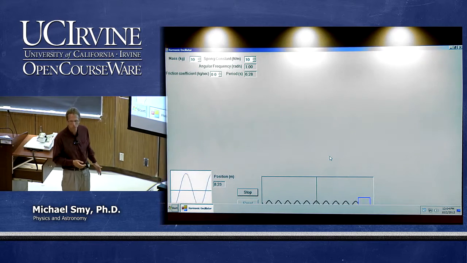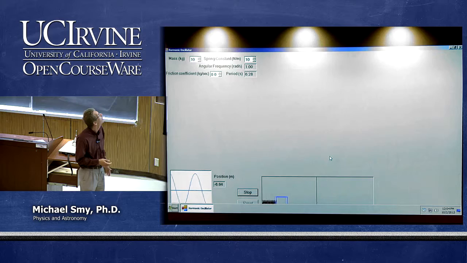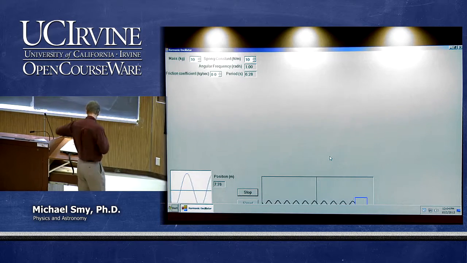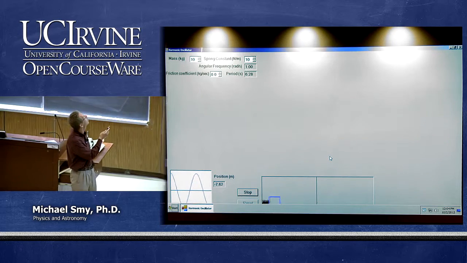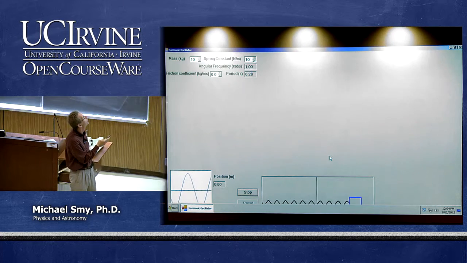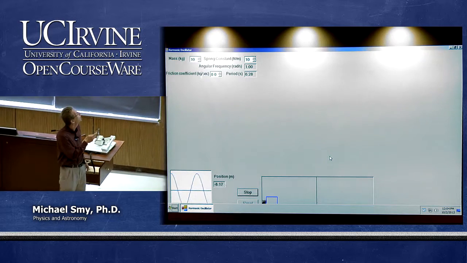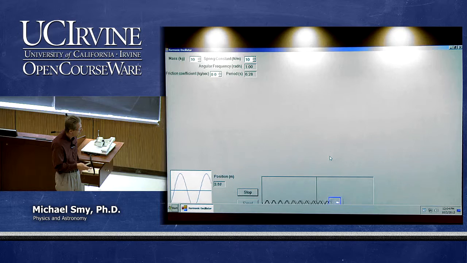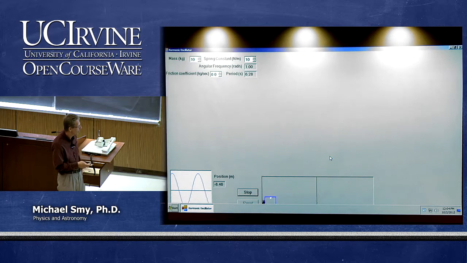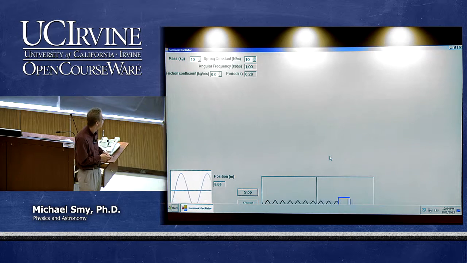This is a computer program that simulates the physics, and right now you can see that we have dialed in a mass of 10 kilograms, a spring constant of 10 newtons per meter, and no damping at all. And so you see the mass on the spring moving back and forth here, and it's completely undamped.